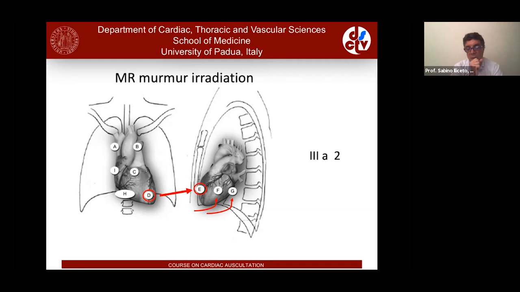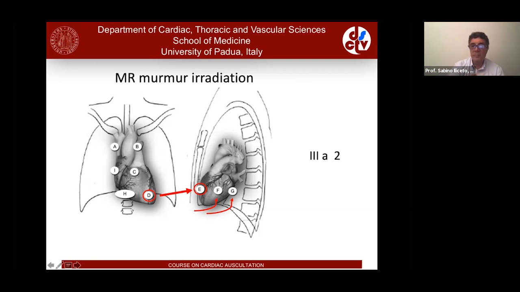So we always have to consider two entities: where is the maximum intensity, and not forget the quality, the type of the murmur. Next time we shall discuss aortic stenosis, and I shall show you side by side the difference between mitral regurgitation and aortic stenosis, both being systolic murmurs, and this concept will become even more clear.